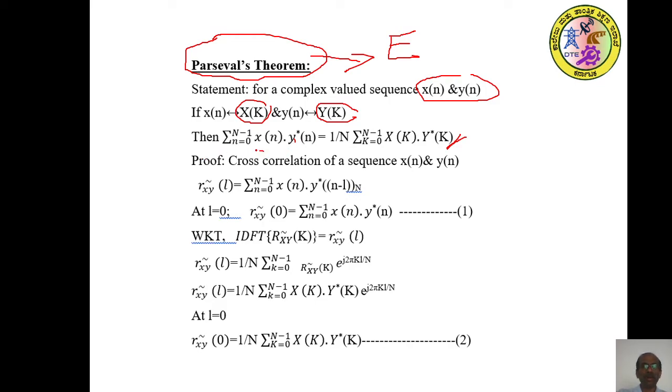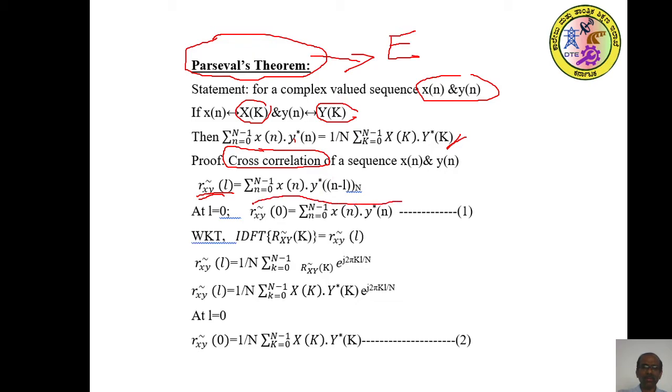To prove this formula, I'll take the help of the circular cross correlation formula. From the definition of cross correlation, Rxy tilde of L is equal to summation n varying from 0 to n minus 1 x of n into y star of n minus L. I'll put L is equal to 0 in the above equation. At L is equal to 0, the formula becomes Rxy tilde of 0 is equal to summation 0 to n minus 1 x of n into y star of n.